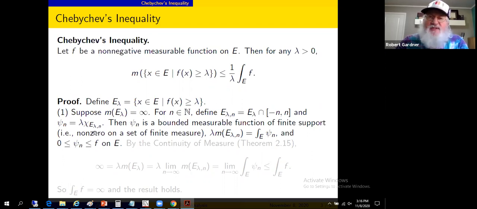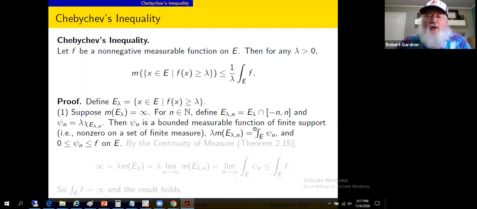And this has some representation in the picture we were looking at as well. So this psi sub n, it's a bounded function, right? It only takes on two values, lambda and 0, because the two values a characteristic function takes on are 1 and 0. So we get lambda and 0 out. So it's definitely a bounded function.